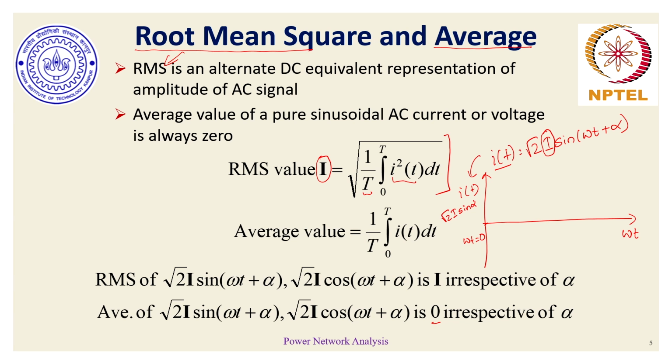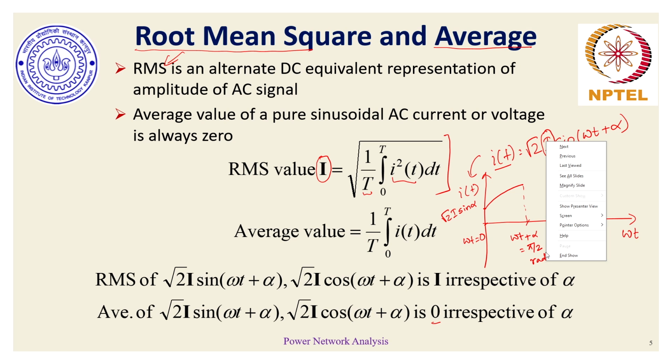So depending on whether alpha is 0 or non-zero, let's assume that alpha is non-zero. The signal would start with some non-zero value and then would reach its peak at, let's say, omega t plus alpha being equal to pi by 2 radians.